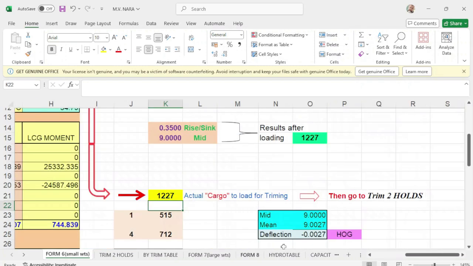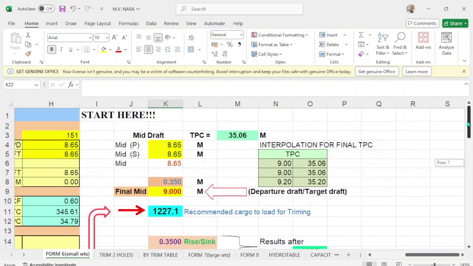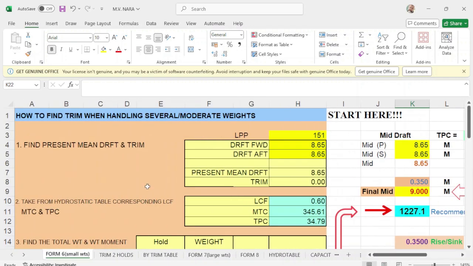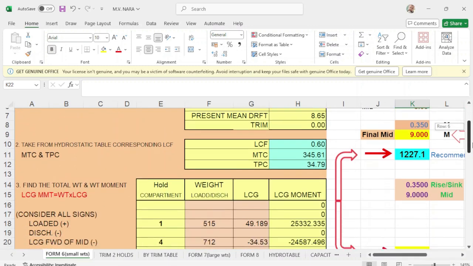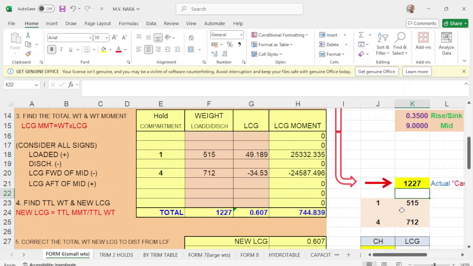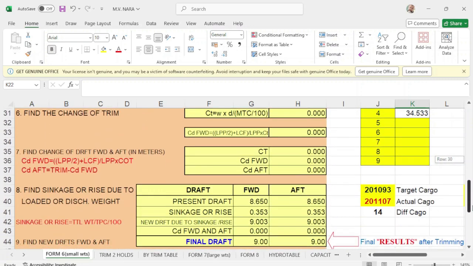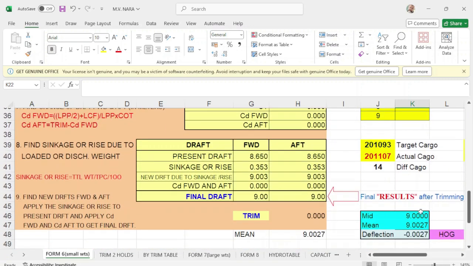Then you go back here, which is how to find trim when handling several moderate weights. Okay, in number 1 you load 515, which is this one. You have the LCG, and hold number 4 you load 712. You have your LCG, and your final departure would be 9 meters, 0 trim, and your mean is 9 meters, and your deflection is 0.